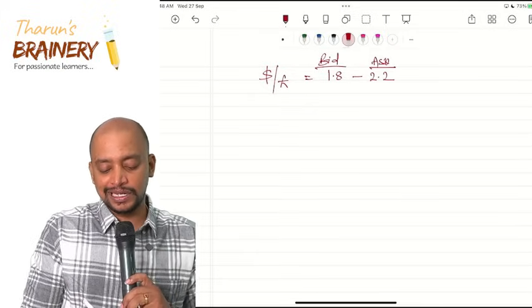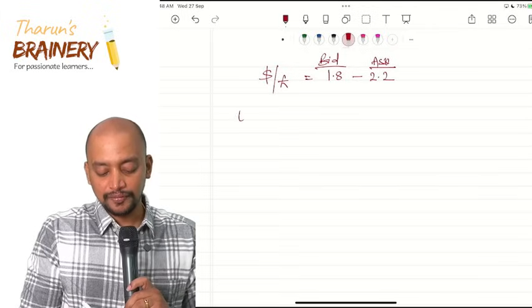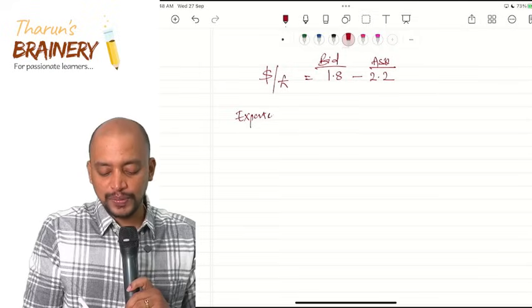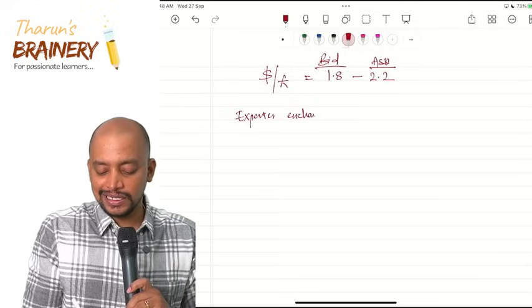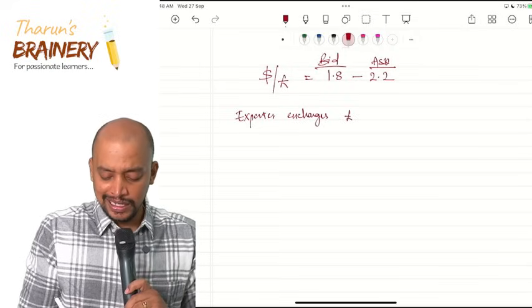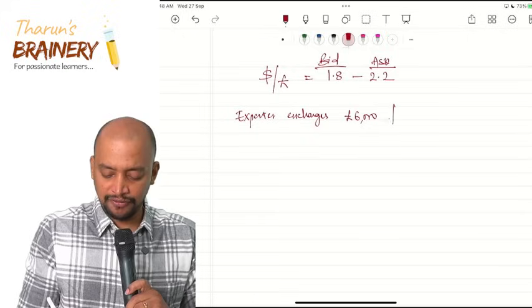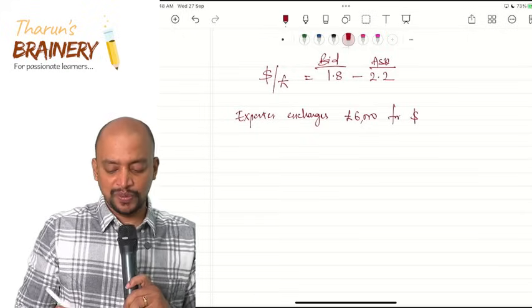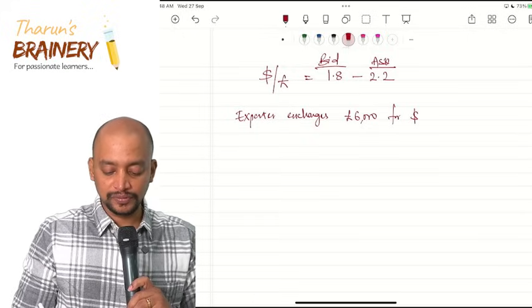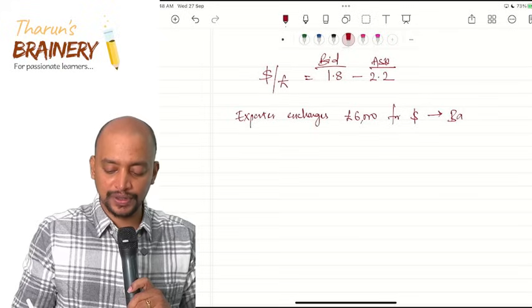Now a person, an exporter, exchanges 6,000 pounds for dollars. Which means the bank is buying pounds.